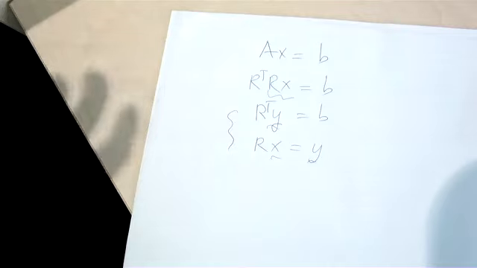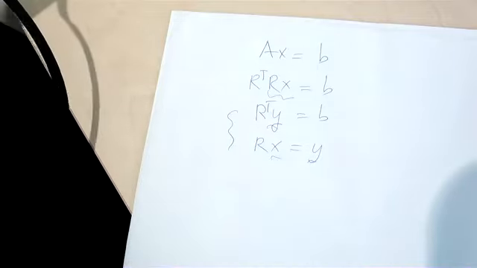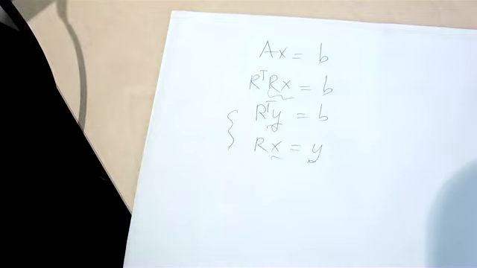The condition number is very important in terms of the relative errors of the linear system when you compute it using the computer. Any question about linear systems? That is everything about linear systems. Any question?